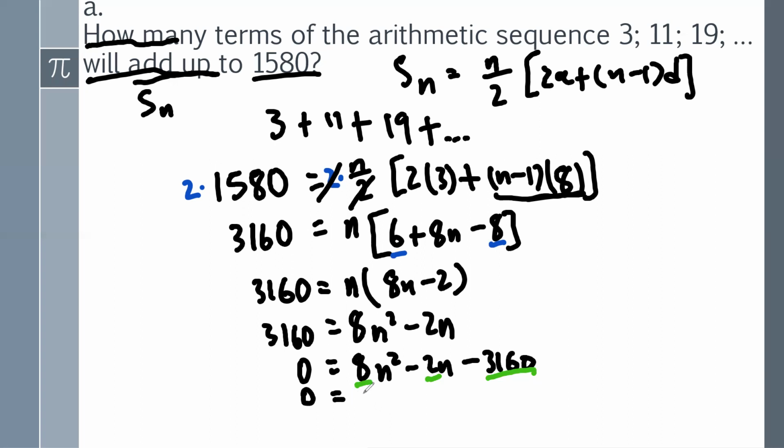If I divide by 2 there, I have 4n squared. And here I will have just an n. And if I divide by 2 there, we obviously multiplied by 2 to get this 3,160. So this has to take us back to the initial value of 1,580.